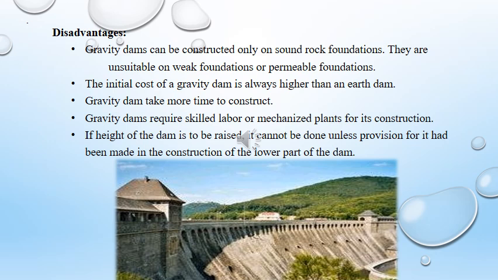The initial cost of gravity dams is always higher than earthen dams. Gravity dams take more time to construct, and require skilled labor or mechanized plant for construction.